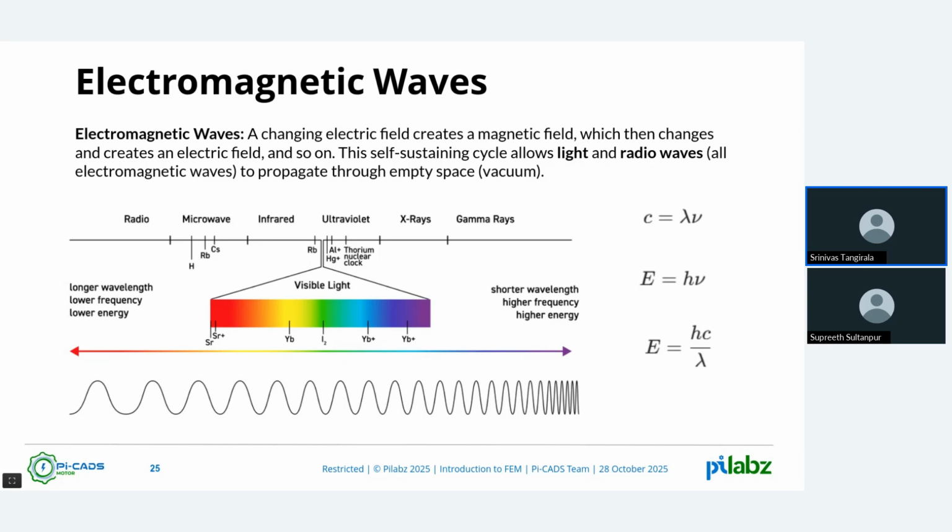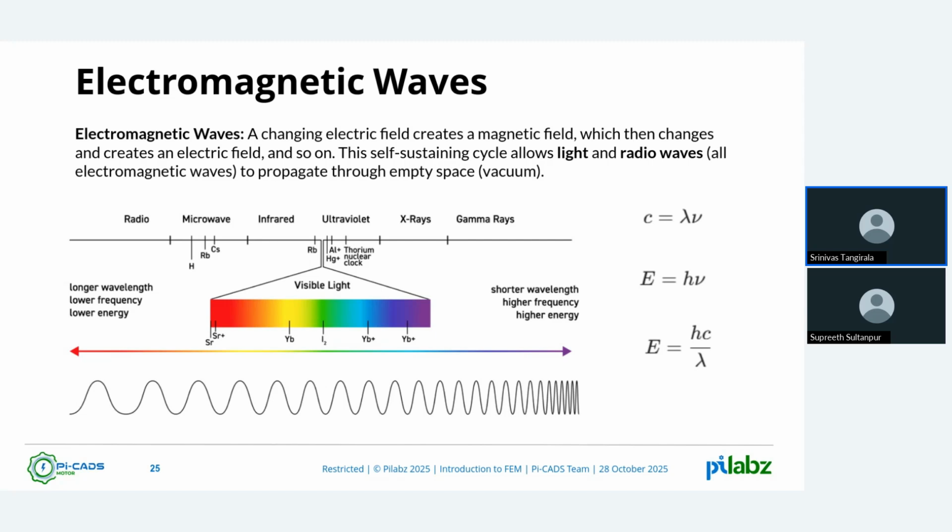And so obviously these are all waves, right? And every wave has a wavelength, and you talk about frequency and wavelength. So this spectrum depicts what light and radio waves look like, what the frequency is and all that. Even the visible light, our eye perceives only a very tiny fraction of this electromagnetic spectrum.